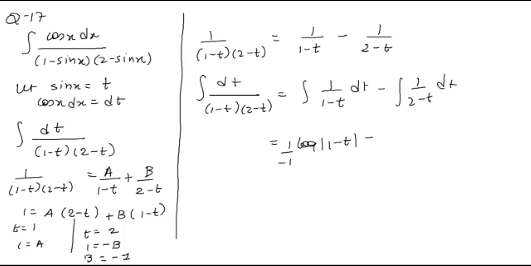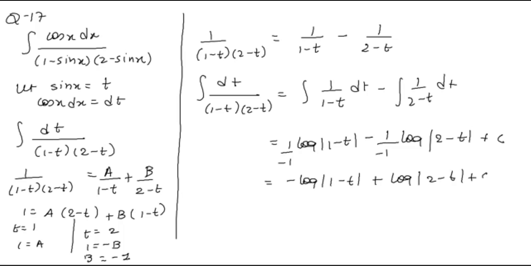The same way here, the coefficient of t is minus 1, so I will divide by that coefficient. And this is log mod 2 minus t plus c. So this will be minus log 1 minus t minus minus, plus log mod 2 minus t plus c.